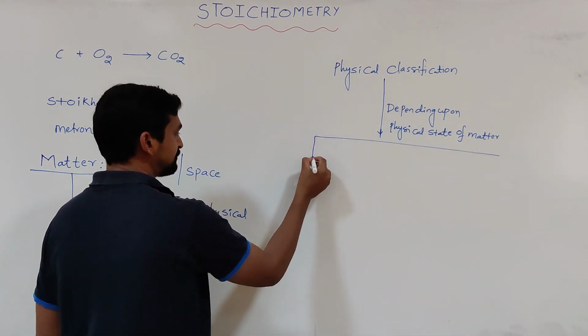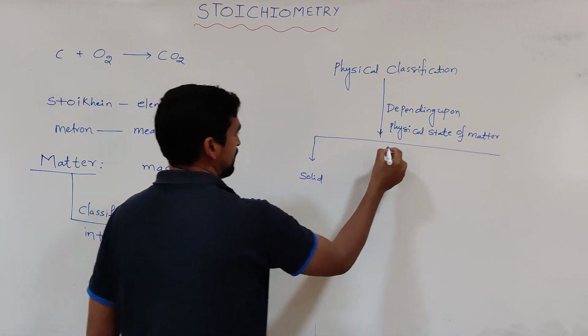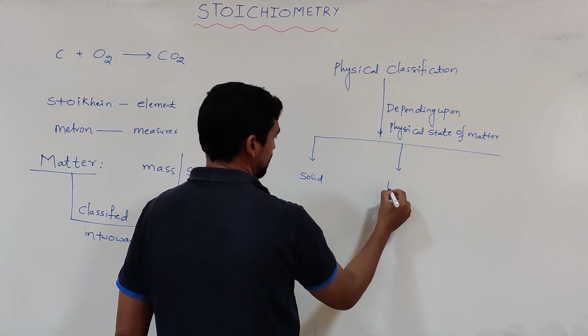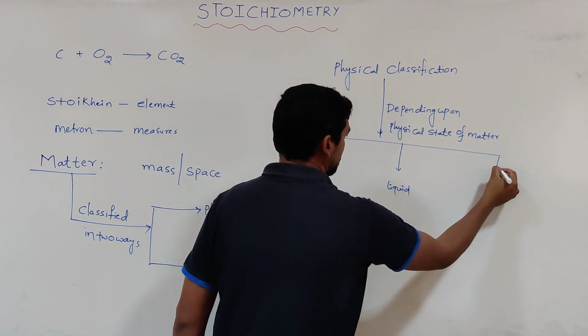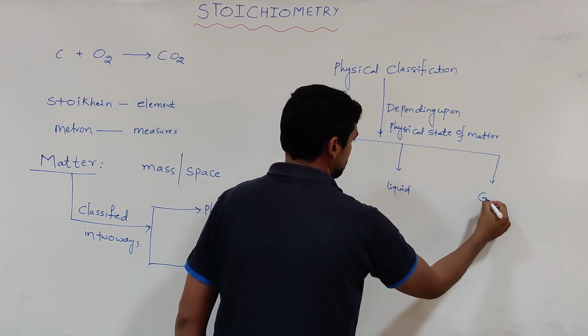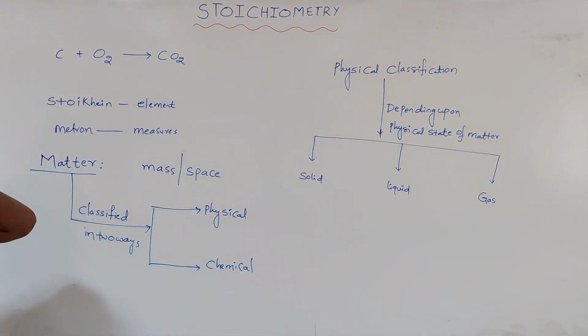One is solid, another one is liquid, and the third one is gas. So the matter can exist in three physical states, namely solid, liquid, and gas.